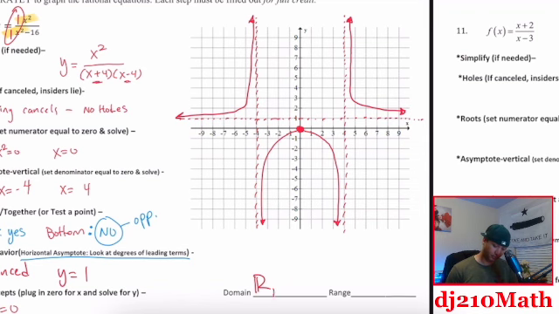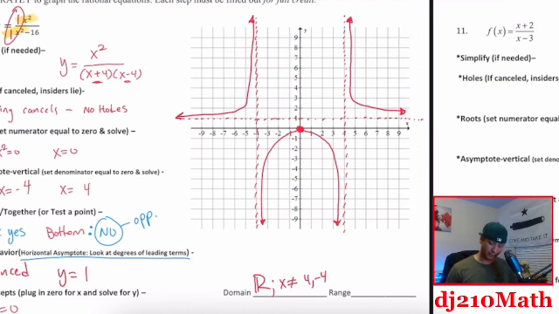So x cannot equal 4 and negative 4. Right, because we have asymptotes there.